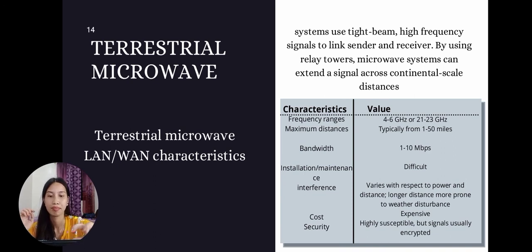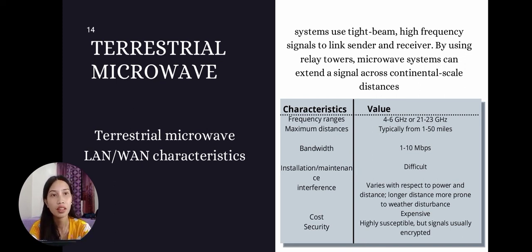So we have the table of terrestrial microwave LAN characteristics. The frequency range is 4 to 6 gigahertz or 21 to 23 gigahertz. The maximum distance is typically from 1 to 50 miles.